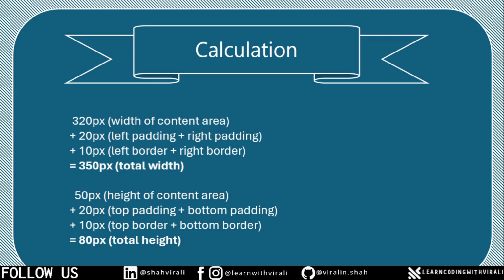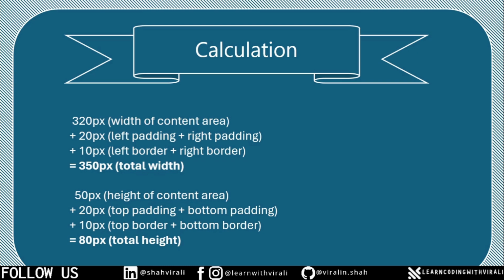We add the left and right padding together, which is 10 and 10 pixels, so in total 10 plus 10, which is 20. Then we add the left border and the right border, which is 5 pixels each in our previous example, so that adds up to 10. That's how we end up getting 350 pixels as the total width.